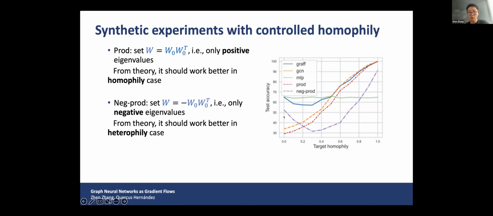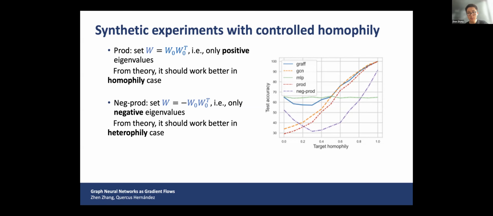level is very low, which corresponds to the heterophilic case, we can see that the prod is not working very well, and also the GCN is not working very well, because the labels will not be very similar to each other, even if they are neighbors.